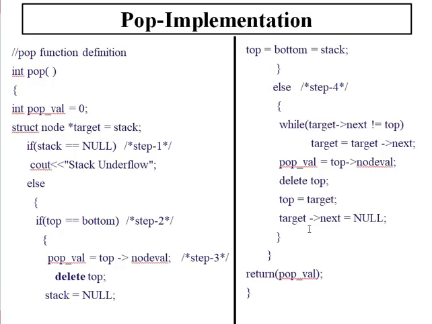Then the target's next is equal to null. That means the new top element is pointing to the null value because it is set to the top of the stack. In this way, finally we can return the popped element to the caller, that is the main function. So in this way we can implement the push and pop operations.